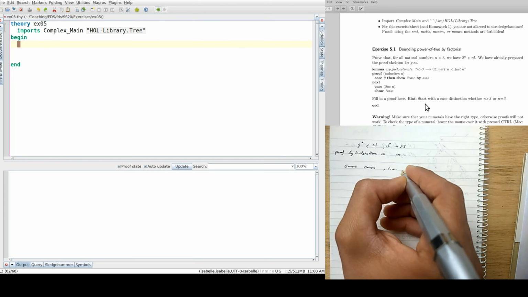When I say then something, like what we have here, then show, we can also have then have something, which is equivalent to hence. What that means is assume using the previous fact, which here happens to be the induction hypothesis, and the premise, I want to show this disjunction.